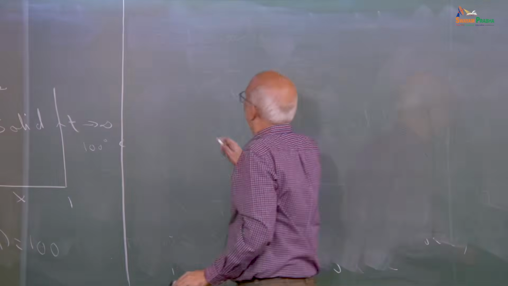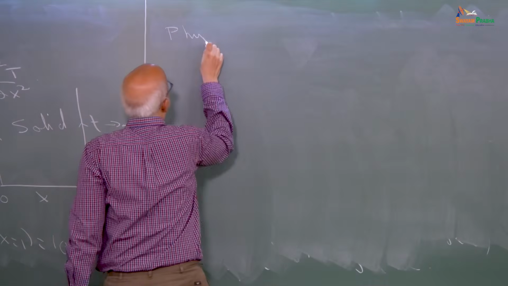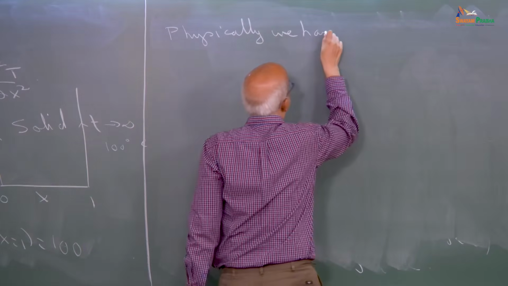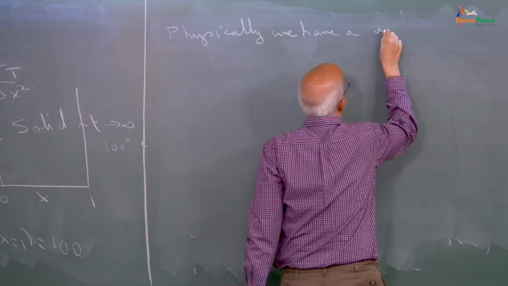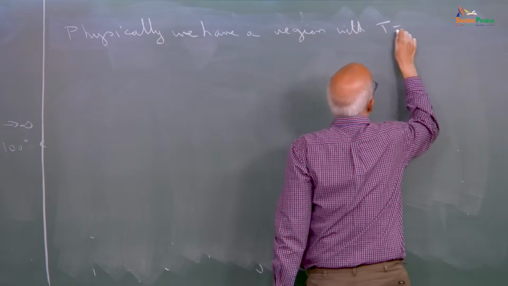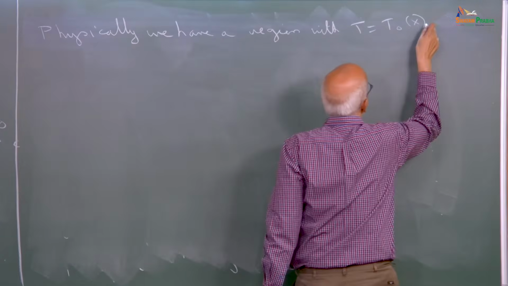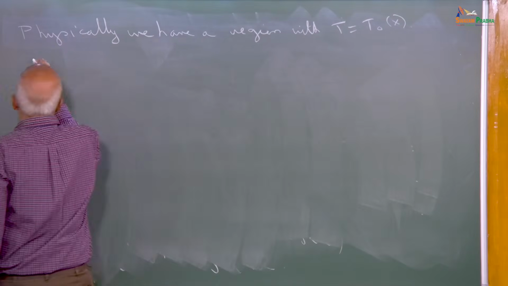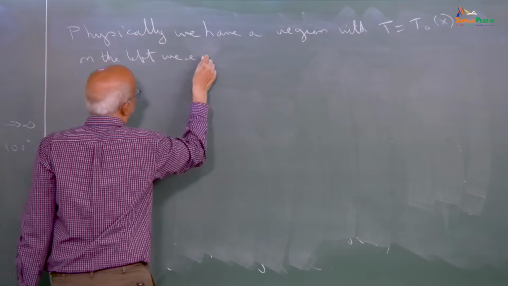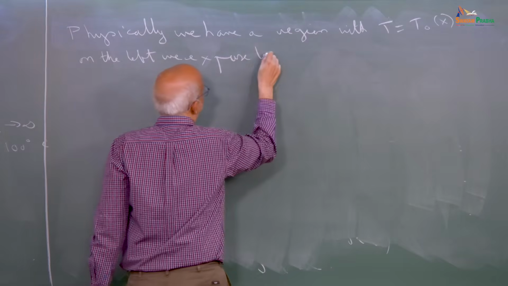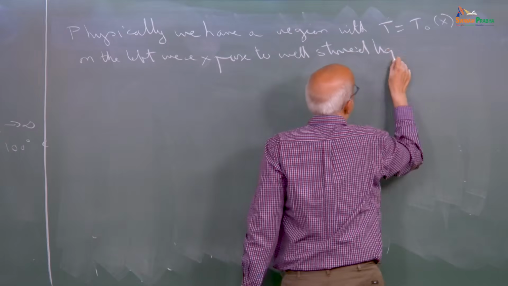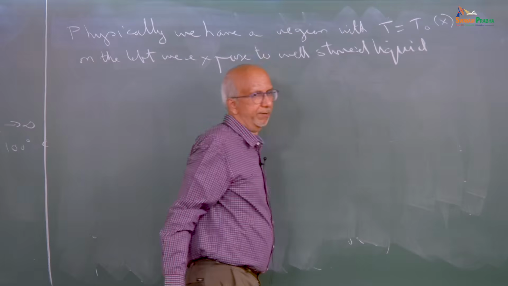So, physically we have a region with temperature equal to T naught of x, okay, and on the left we expose it to a well stirred liquid.